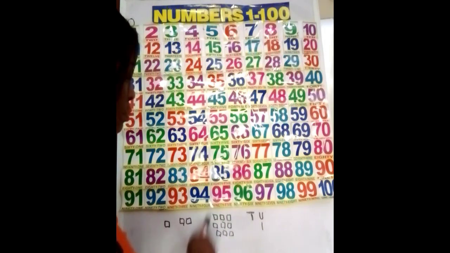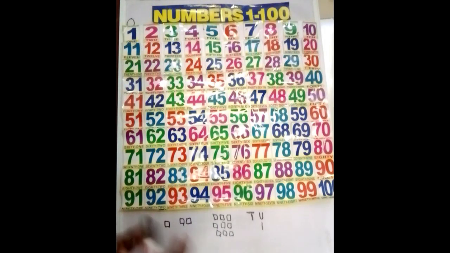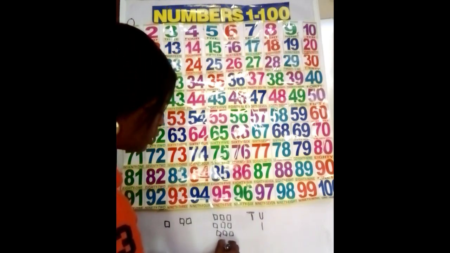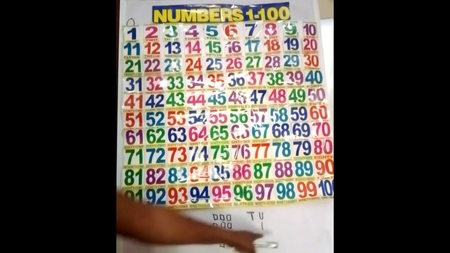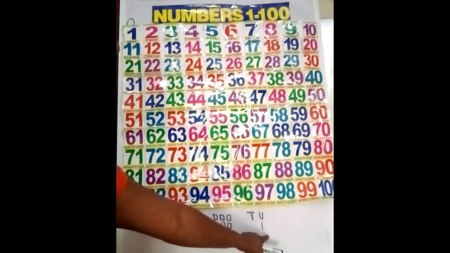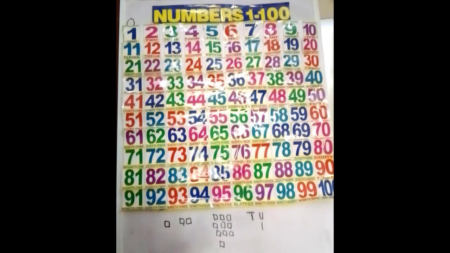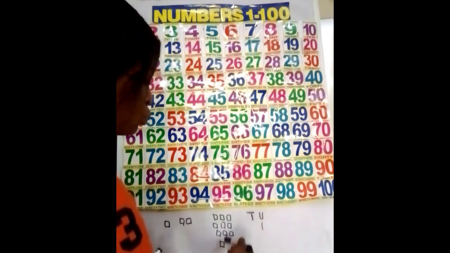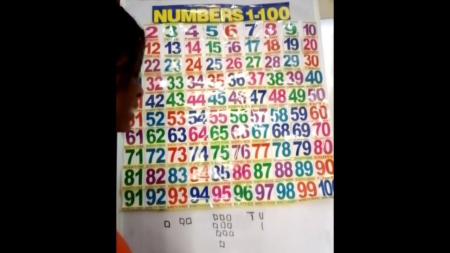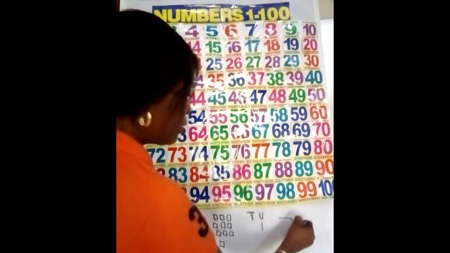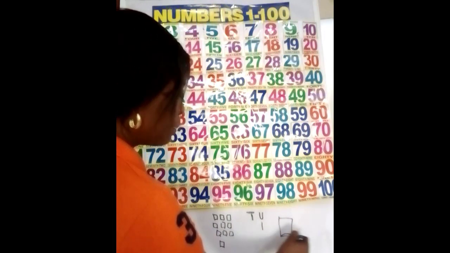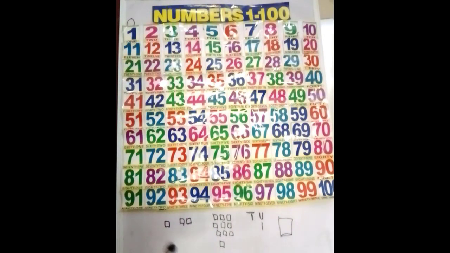If you add one more to this 9, it can no longer be contained. It can't stay under the unit section again, because it has become a 2-digit number, a number that is capable of staying in the tens section.